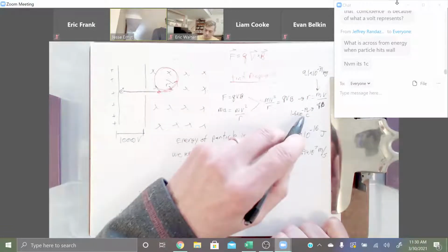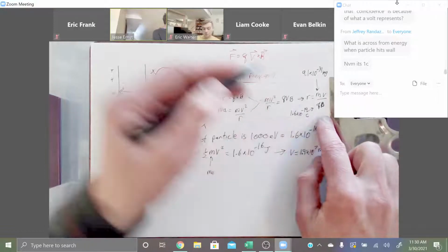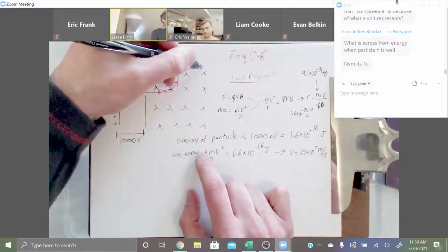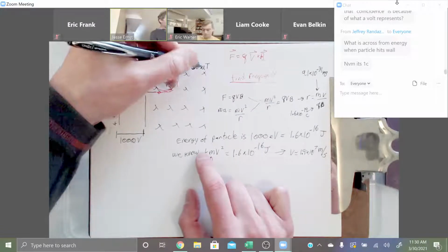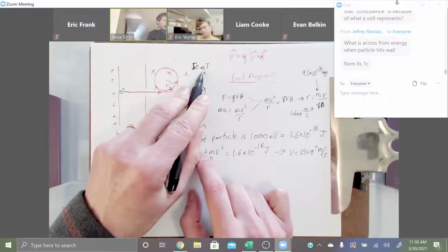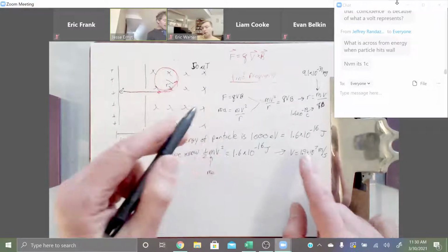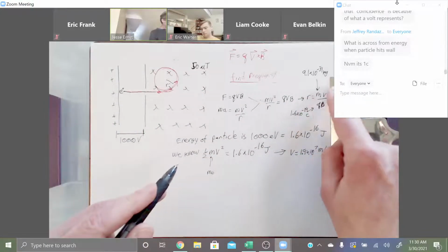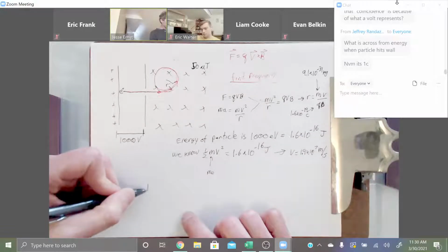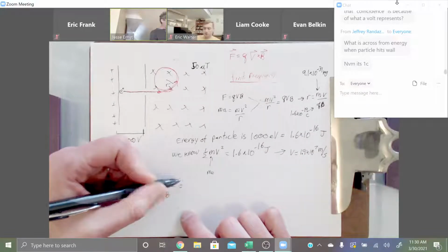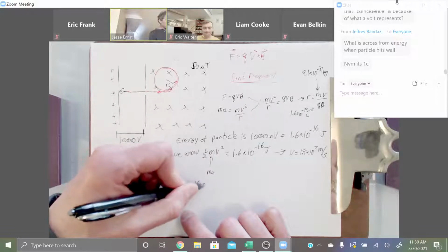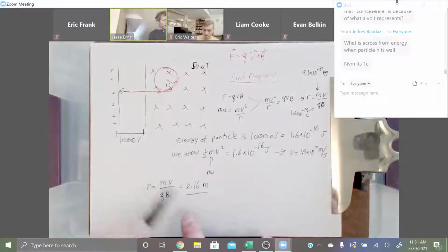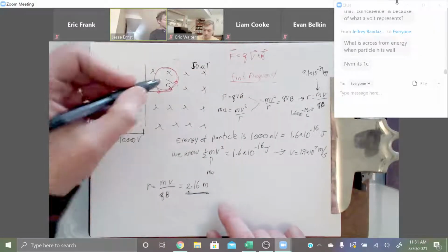And B, which somebody needed to tell you and I neglected to do, is let's say 50 micro Tesla, 50 times 10 to the minus 6 Tesla. If you plug into the radius mv over qb, you should get 2.16 meters. I'm assuming you can do the arithmetic, I'm just giving you the numerical answer so you can check it on your own. You should get 2.16 meters for the radius of the circle.